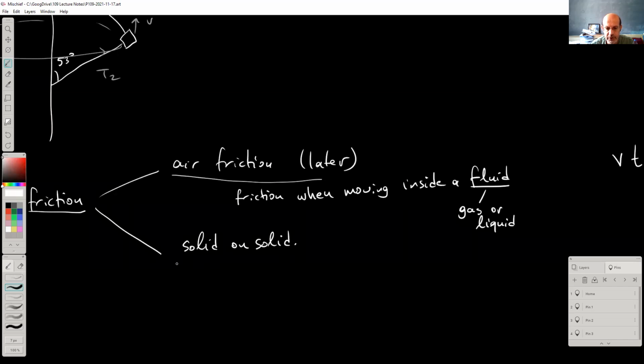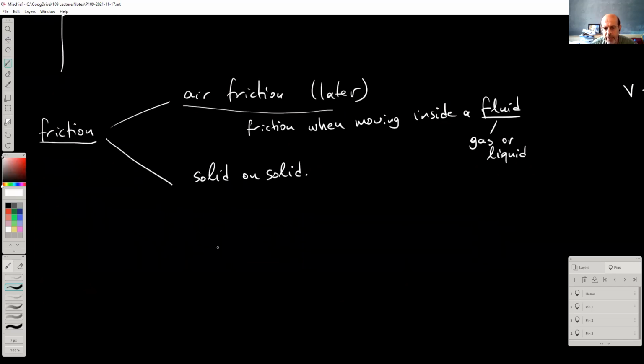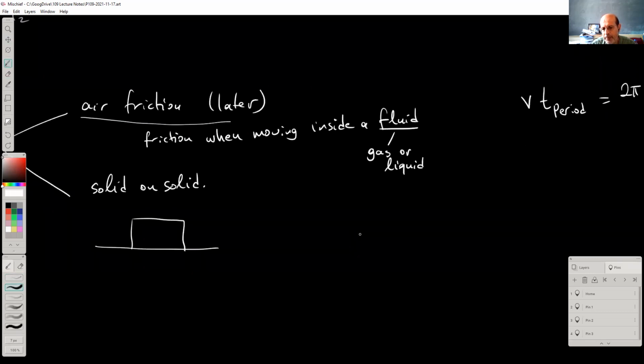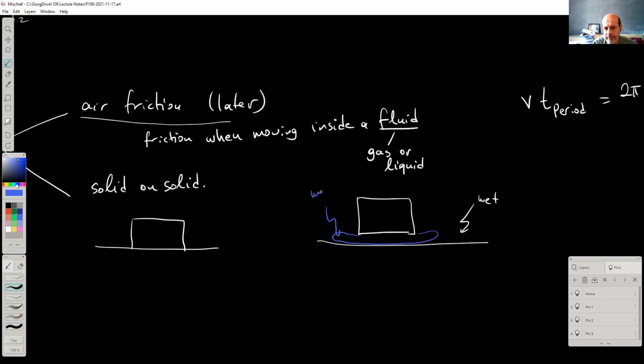On solid, these are the questions that we are going to deal with in this chapter. So we will have these kinds of situations. Even in this case, there are situations like friction on a wet surface. Let's say this is wet, in which case there's some kind of a water film here.